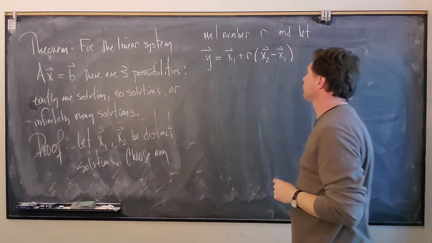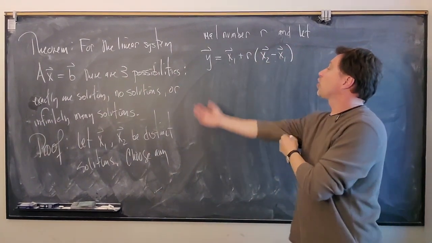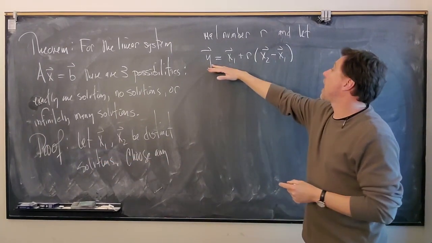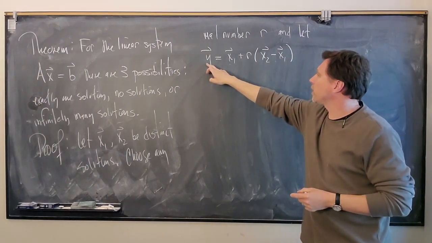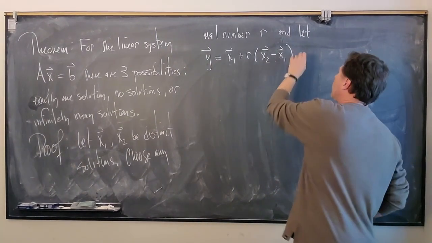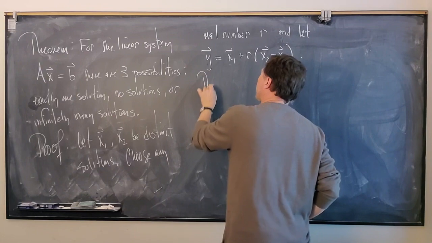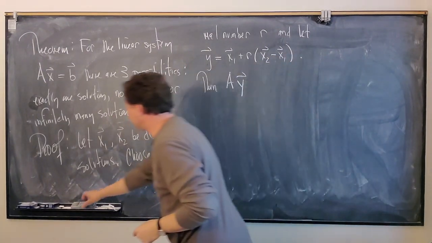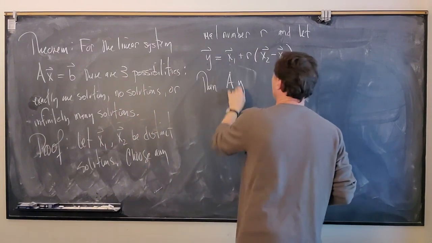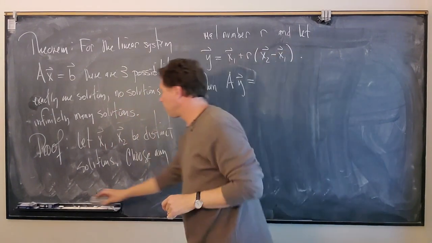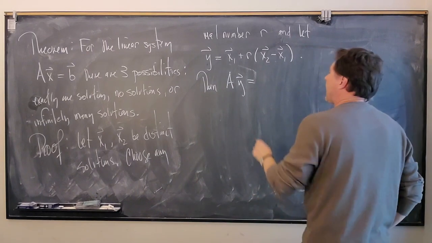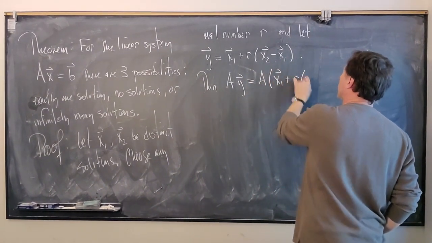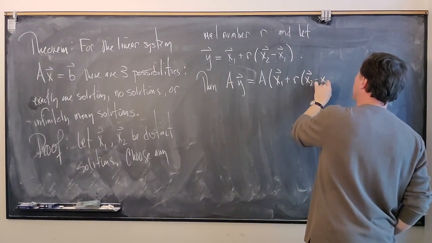All right, so we've got our solutions, and each of those solutions we're viewing as column vectors, and now we want to define this new vector right here, y. So then let's look at A times y. Okay, well, A times y is going to be A times x1 plus r x2 minus x1.